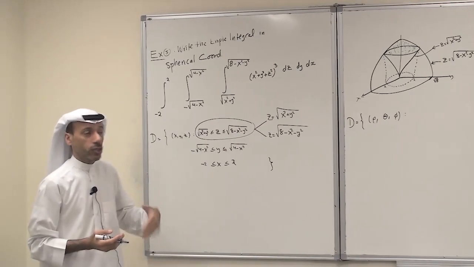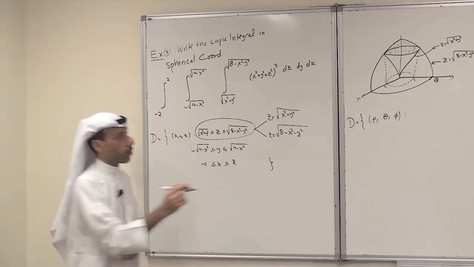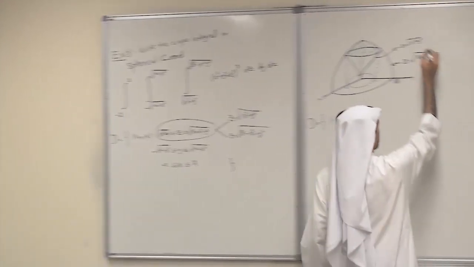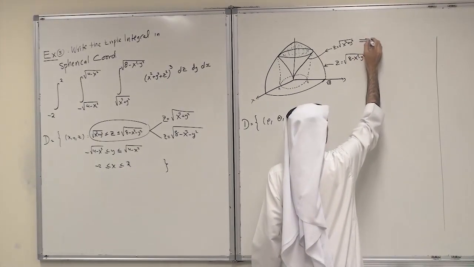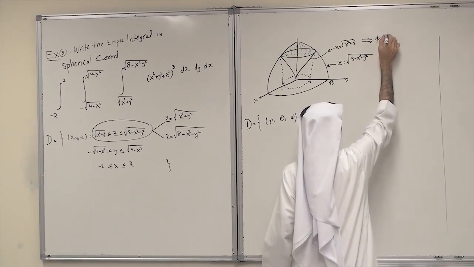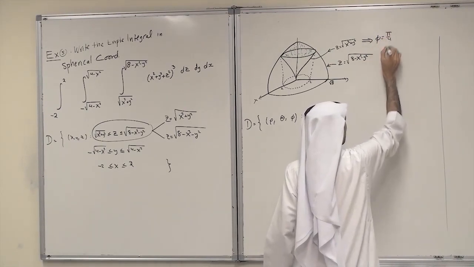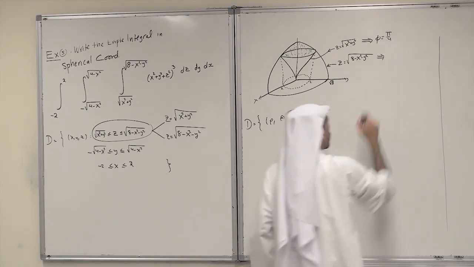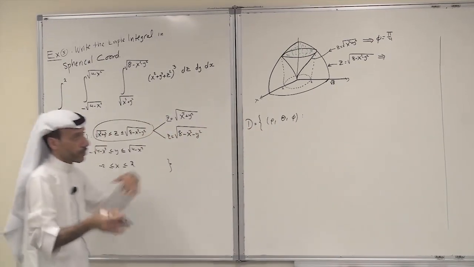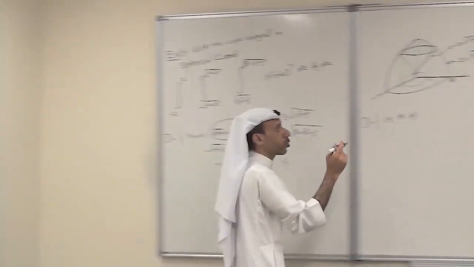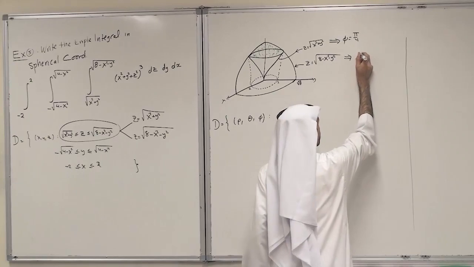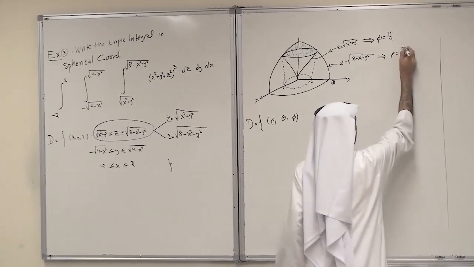For that, we have to change the equations to spherical coordinates, and it is very simple to check that the cone is phi equals pi over 4. And the sphere of radius root 8, square both sides and rearrange, change to spherical, you get rho equals root 8.